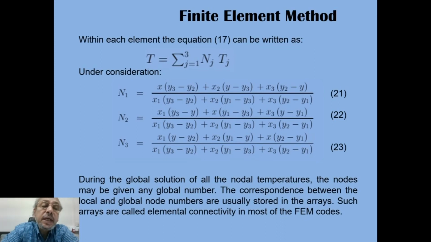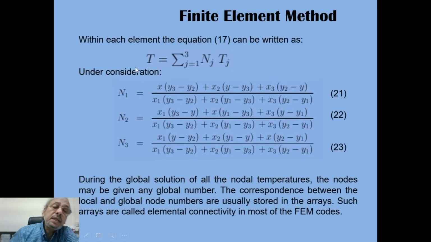And now, instead of defining these points, because slowly we are progressing towards writing the algorithm, these points can be written as 1, 2, 3, and the whole domain now we can conceptualize as a discretized domain with many elements, all are triangular elements, and each element has a number, and each element has 3 nodes, 1, 2, 3, and all these 3 nodes are having shape functions or basis functions N1, N2, N3.